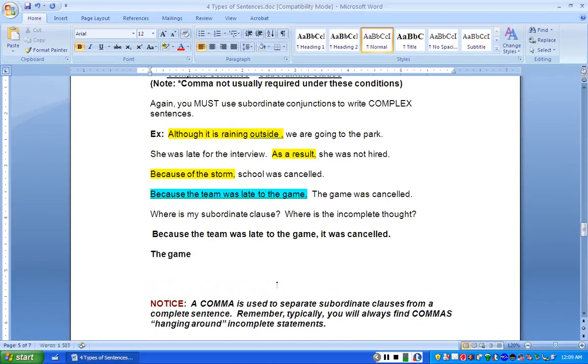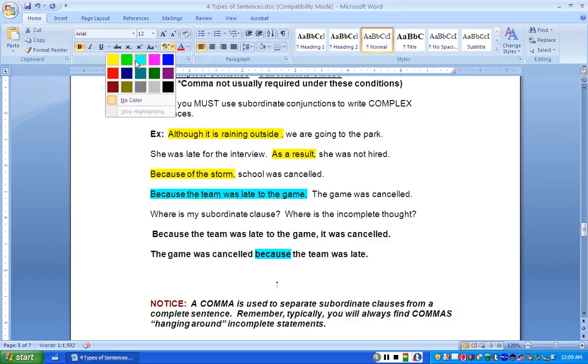The game was canceled because the team was what? Very good. Late. So when I write it this way and I put my subordinate conjunction in the middle of the sentence, the comma goes away.